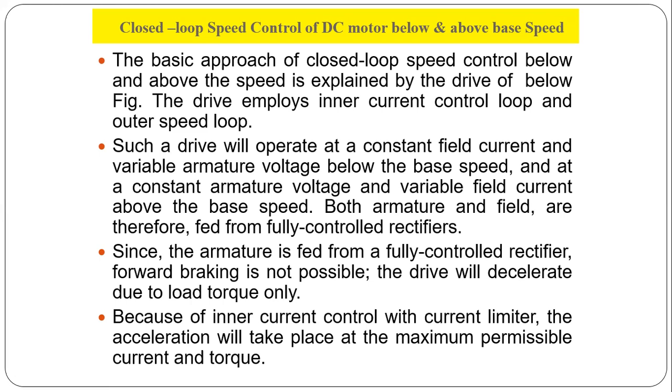The drive employs an inner current control loop and an outer speed loop. Such a drive will operate at a constant field current and variable armature voltage below the base speed, and at a constant armature voltage and variable field current above the base speed.